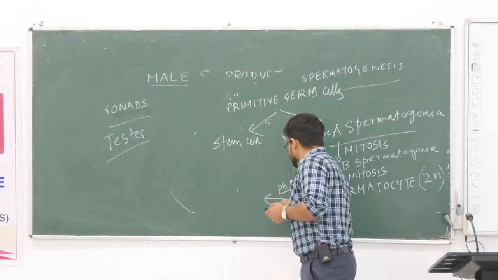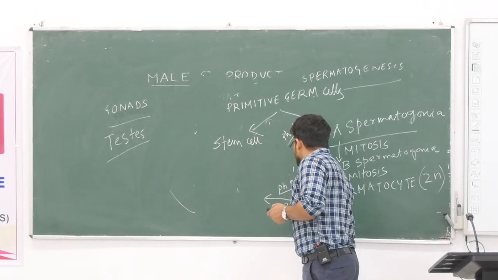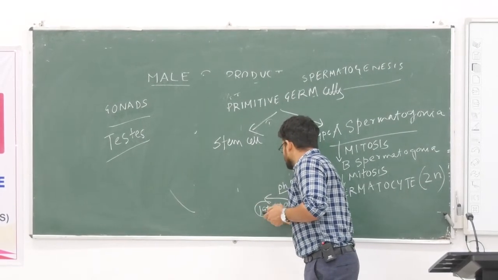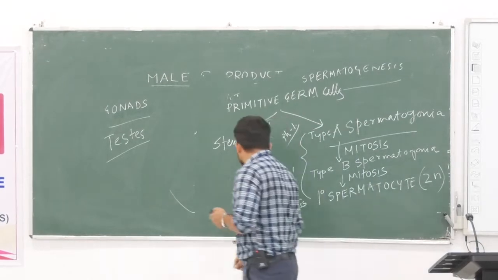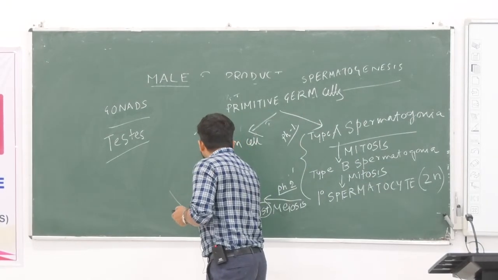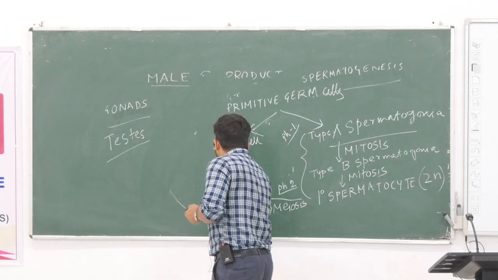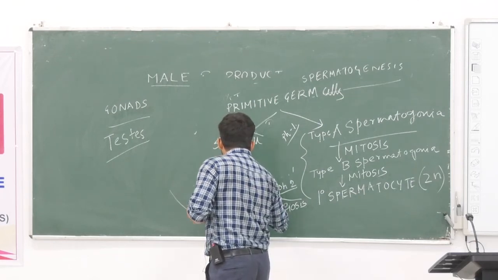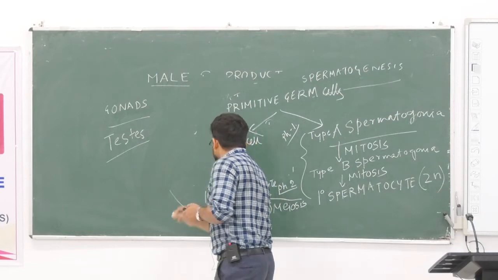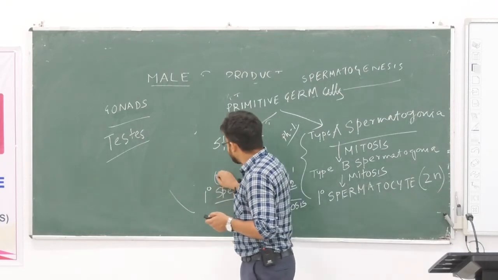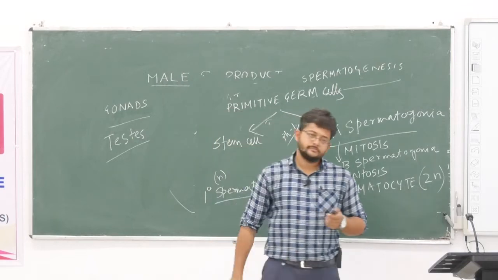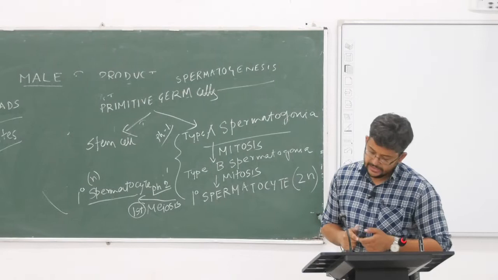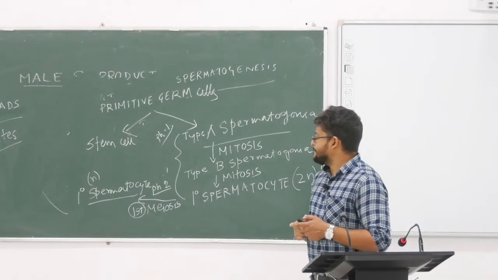So first is first meiotic division. First meiotic division will form primary spermatocyte. And this primary spermatocyte is haploid.